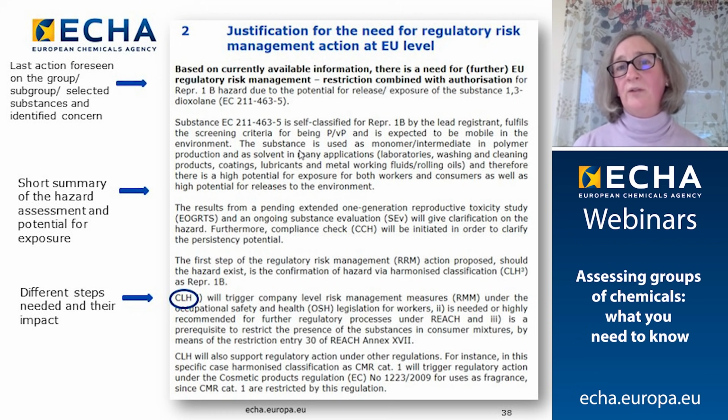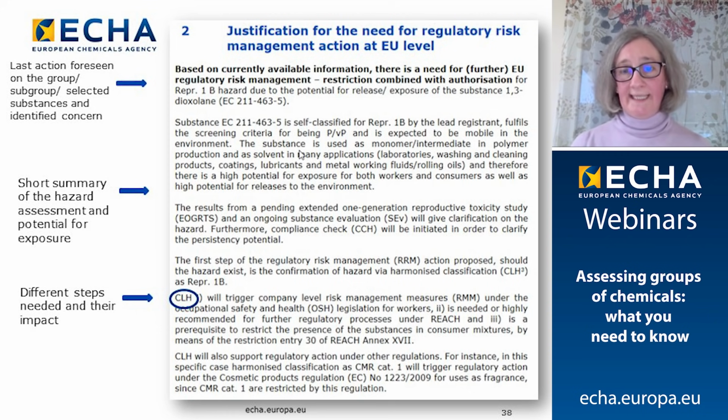We will make clear also what the basis for this action is. So what is the concern? In that case, it is the fact that one substance has this classification as repro 1B and has potential for release and exposure. So that's the trigger for us to think of some further action.